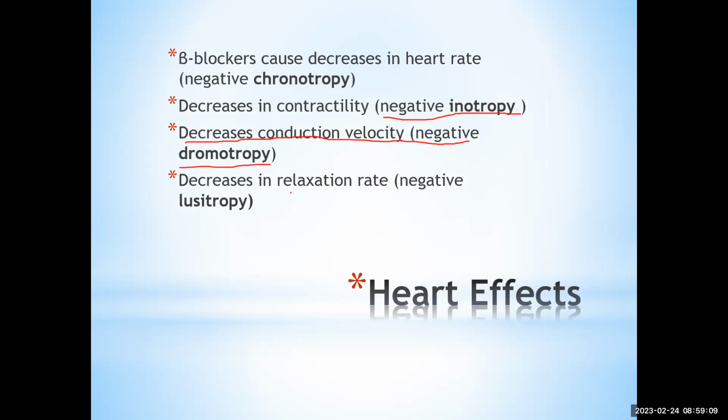And they decrease the relaxation rate, so relaxation occurs much more readily. So they show negative lusitropy. So those are the effects of beta blockers in the heart.